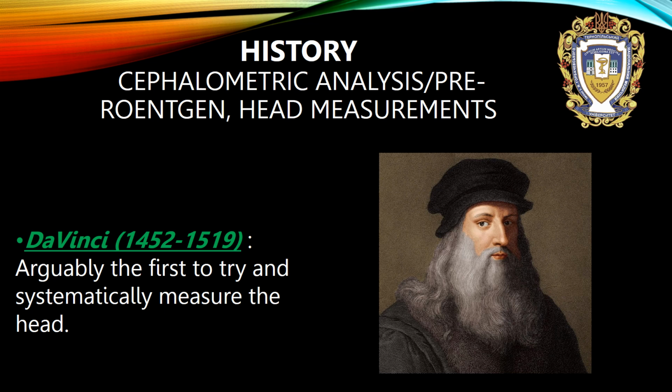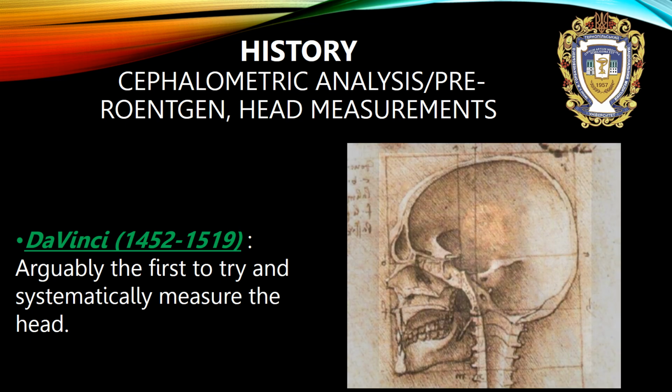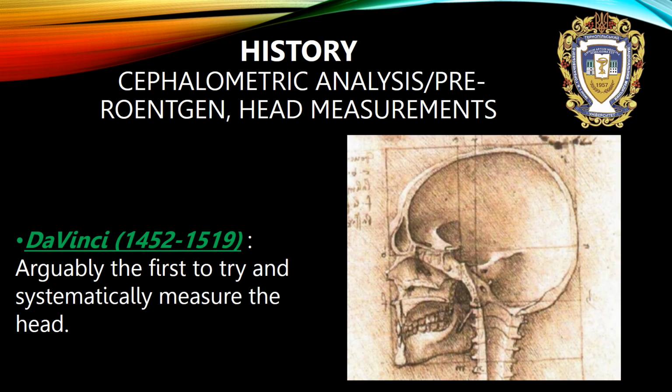You know this man too. It is Leonardo da Vinci, arguably the first to try to systematically measure the head. It is part of his scientific work, where he described and measured and tried to find proportions of the human cranium.